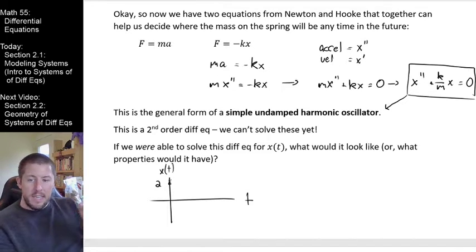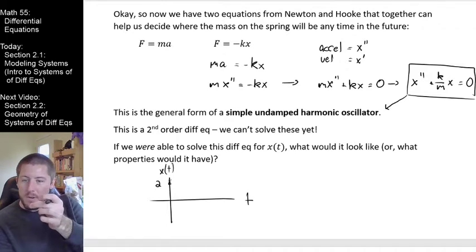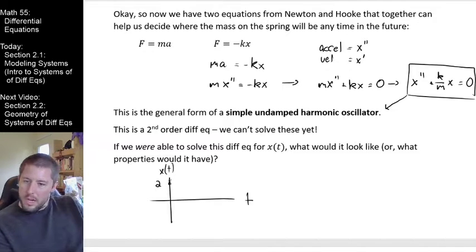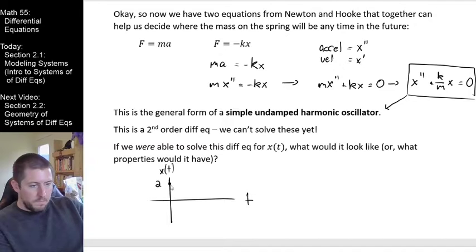When I release this thing, it should just kind of go back and forth forever. So we're going to go from 2 to 0 to -2 to 0 to 2 to 0 to -2. Oh, do you know any equations in math that do that? I think so.